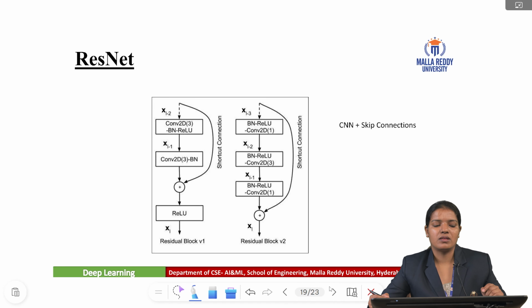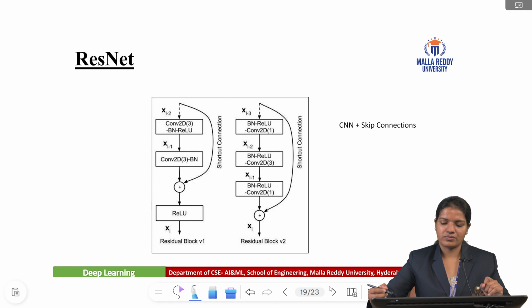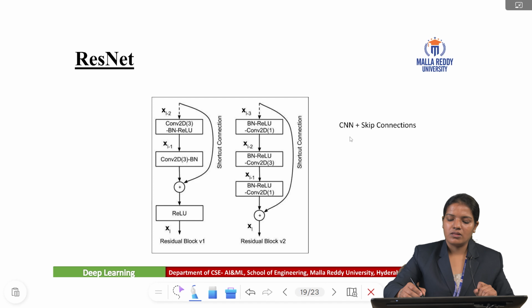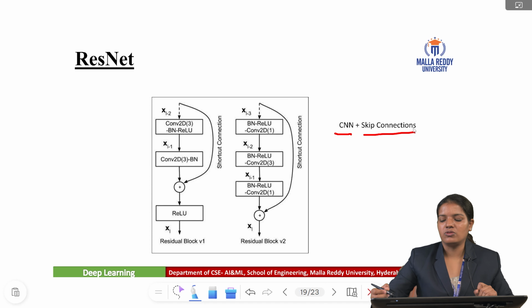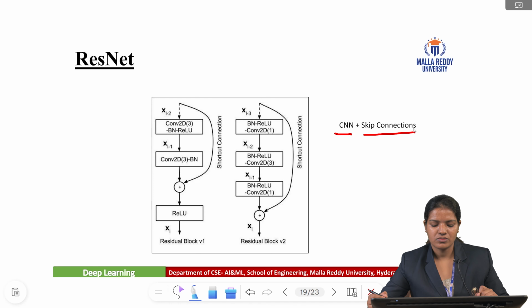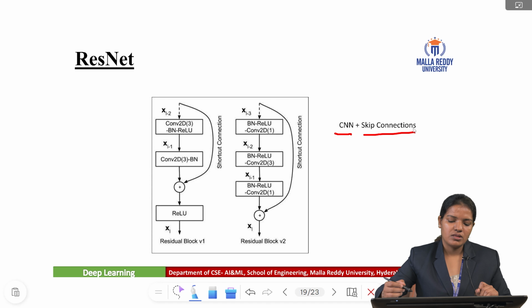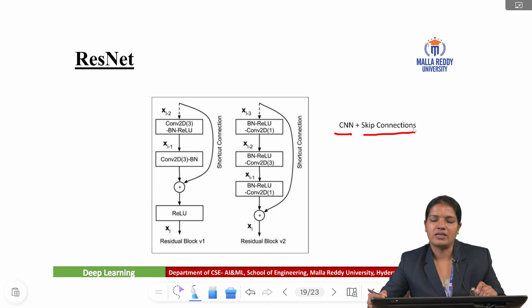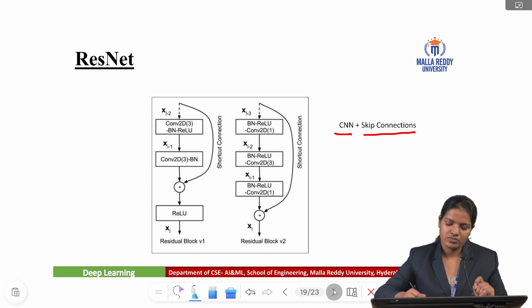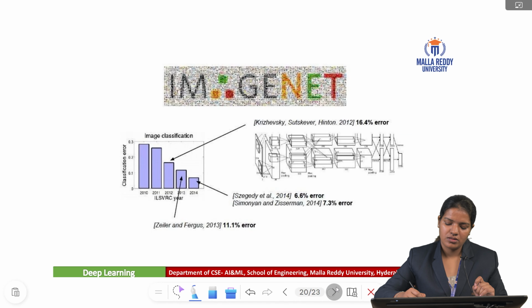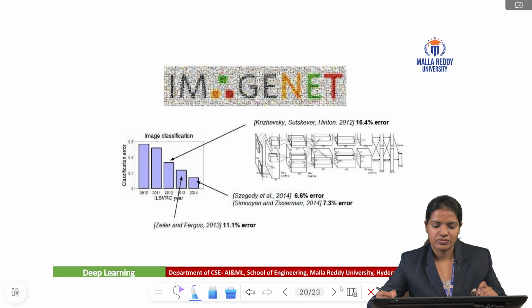Next is the ResNet, that is the residual network. This is a variation, or modified CNN, you can say. Here the CNN is the basic block, and in the basic block we are using a skip connection. This residual network helps in overcoming the degradation problem of the neural network.